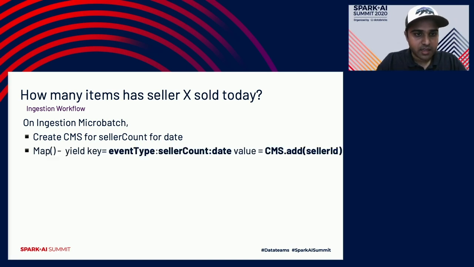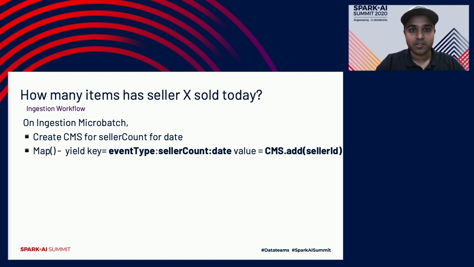But the key thing is we're going to create a count-min sketch for every event type. Because the question was, how many items has seller X sold today? Each seller, because of the products associated with it, could have 3 different types of events associated with them: a page visit, an add to cart, a purchase.